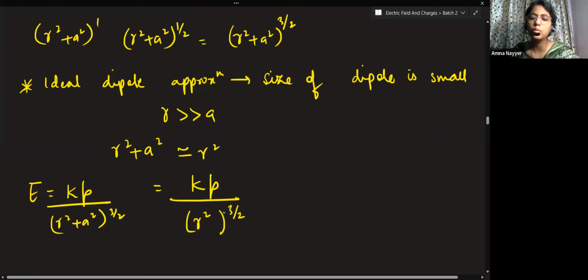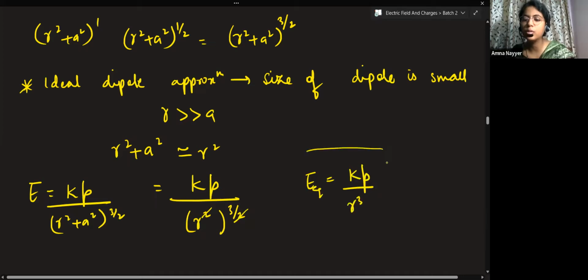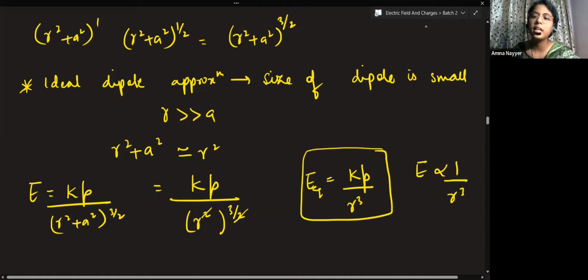So this half gets cancelled. Electric field at the equatorial point comes out to be Kp divided by R to the power 3. And see, this is inversely proportional to the cube of the distance. Electric field for a point charge was inversely proportional to the square of the distance.